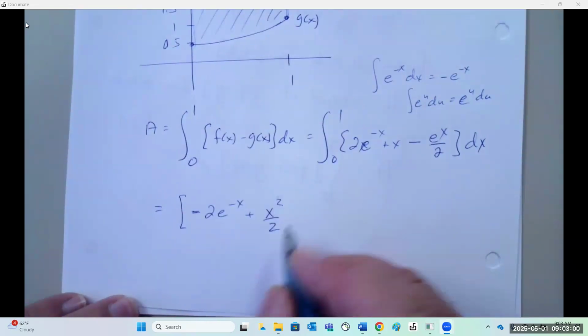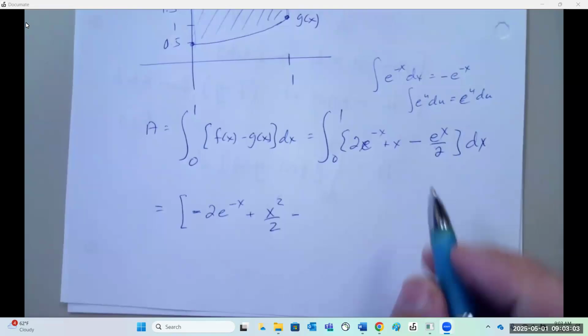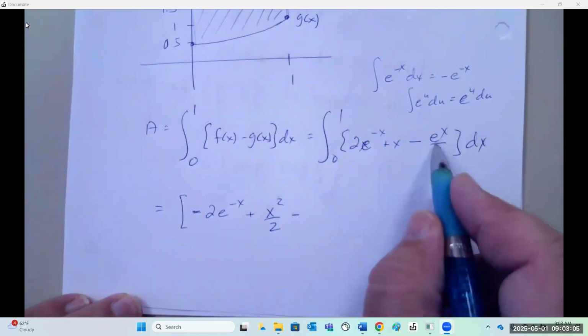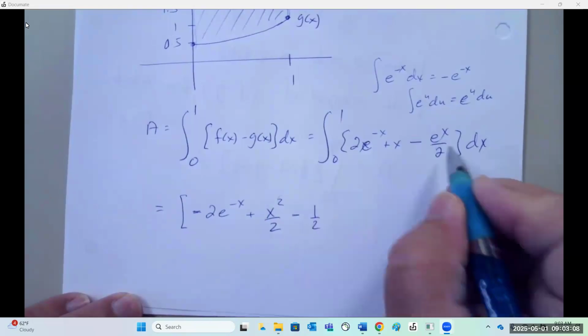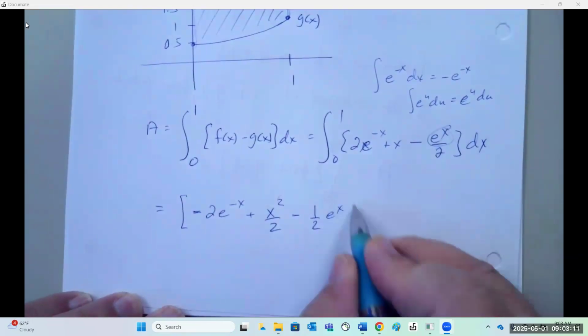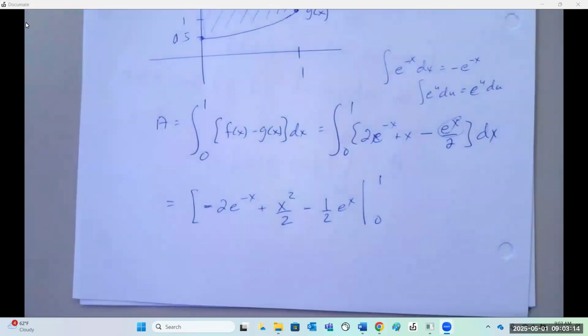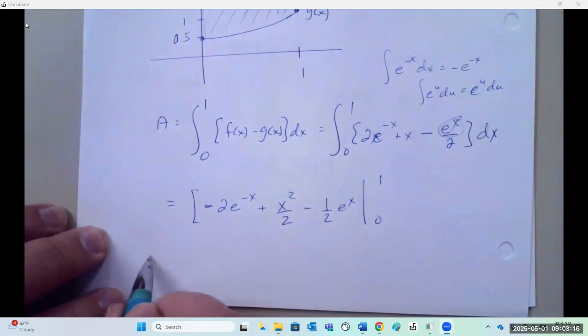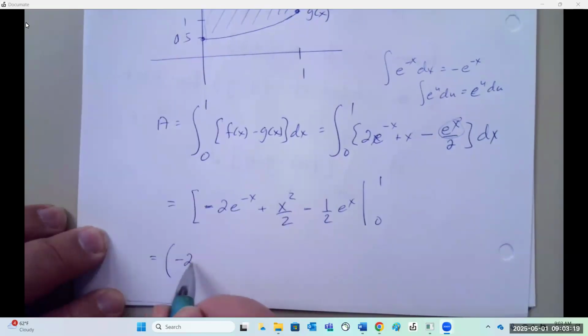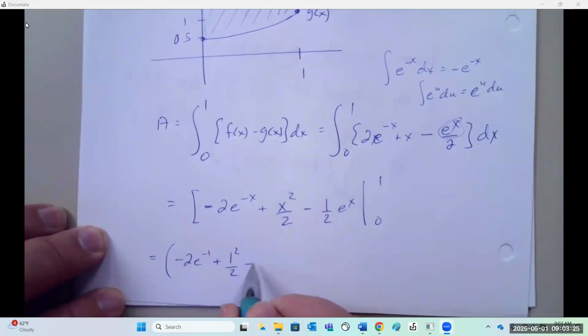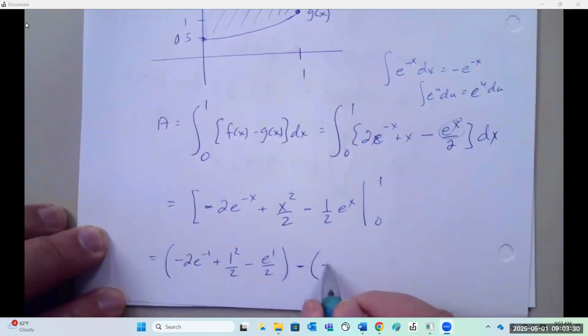Whatever you put up here, you have to put on the bottom. Minus the integral of e to the x over 2, so 1/2 is a constant. So the integral of e to the x is e to the x. Which gives us 2e to the power negative 1 plus 1 squared over 2 minus e to the 1 over 2, minus negative 2e to the 0 plus 0 squared over 2 minus e to the 0 over 2.